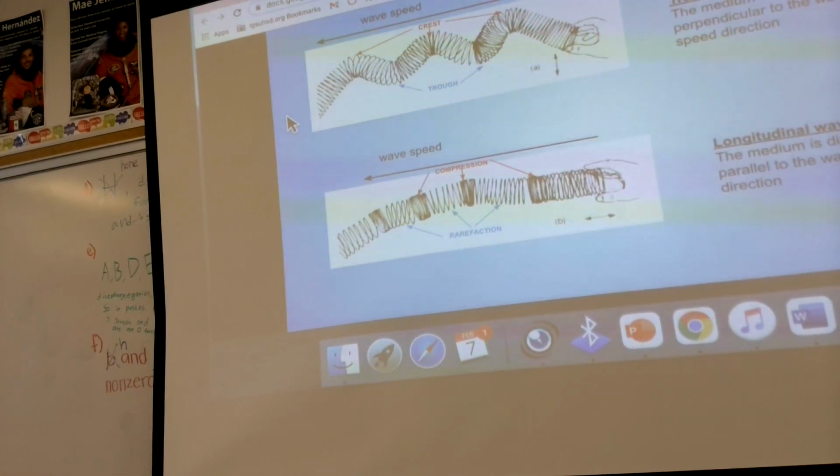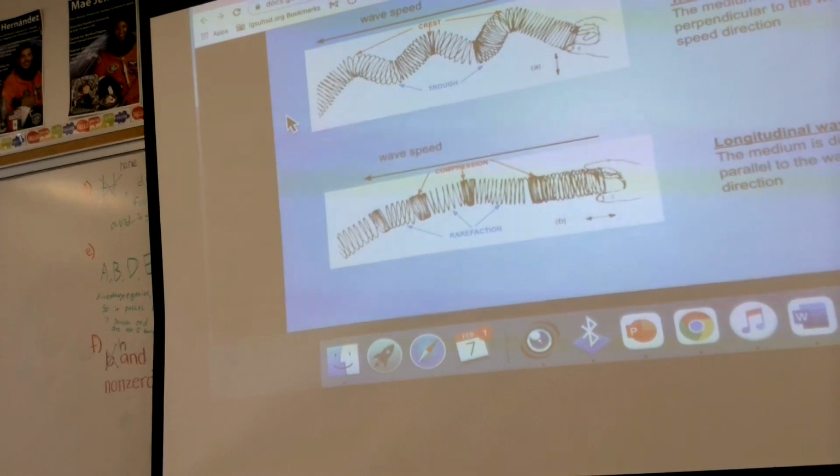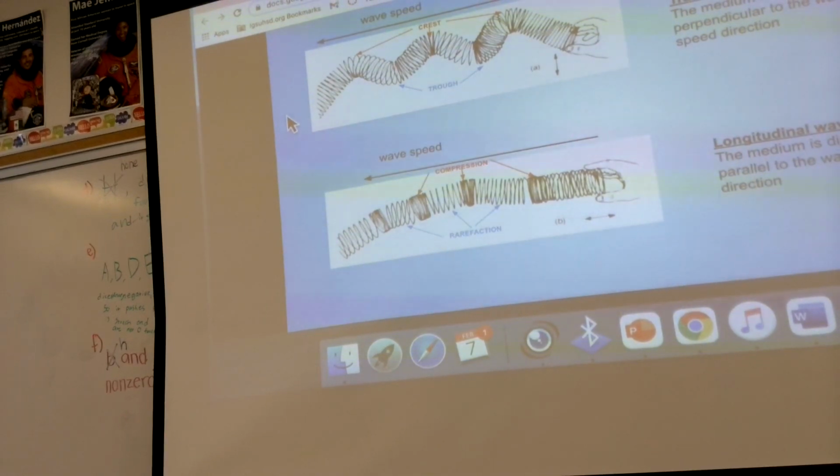So these compressions are called compressions. That's easy. These more spaced out sections are called rarefactions.